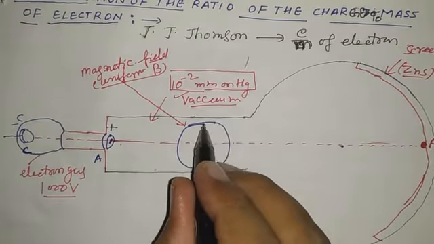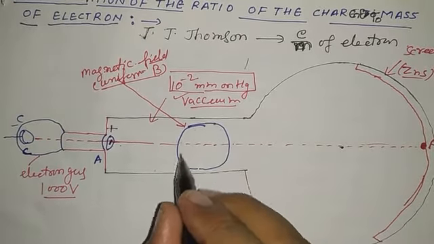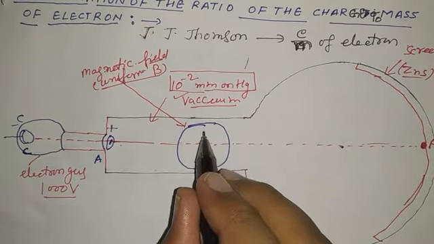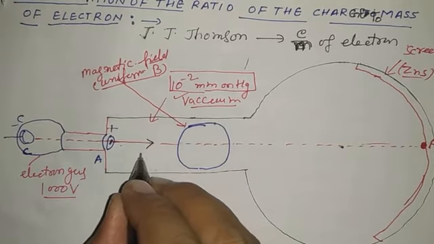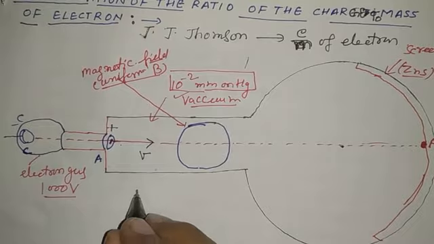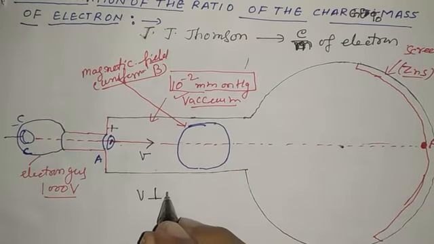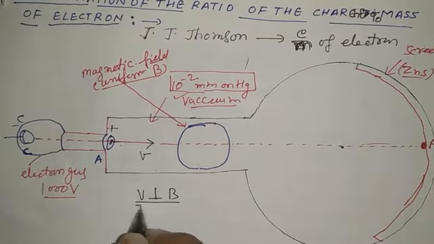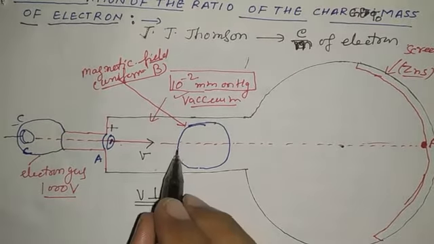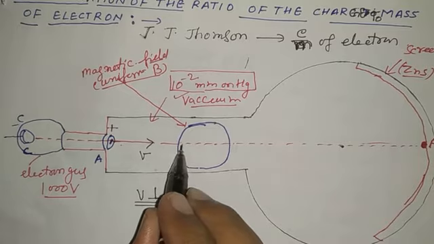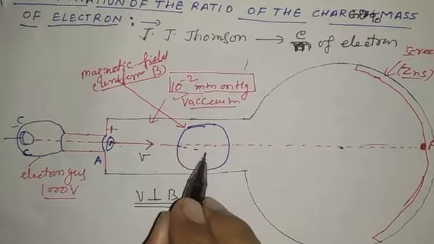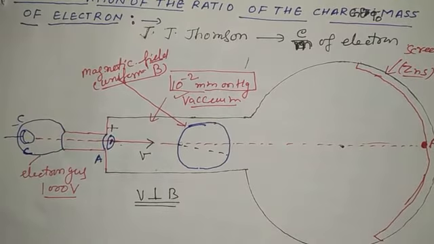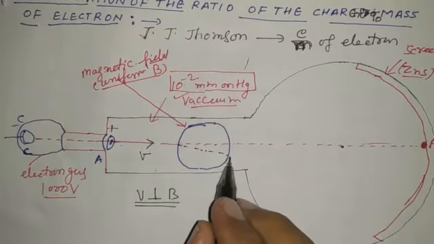As we provide a magnetic field in the path of the electrons, see here carefully, let a beam of electrons be traveling with velocity v. So v and the magnetic field are arranged in such a way that both are perpendicular to each other. We know that when a beam of electrons or a charged particle enters a magnetic field, it follows the path of a circle.